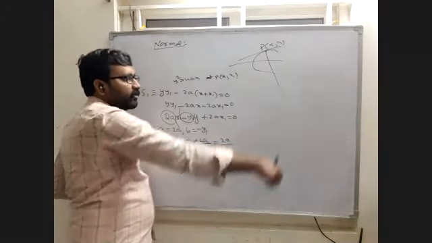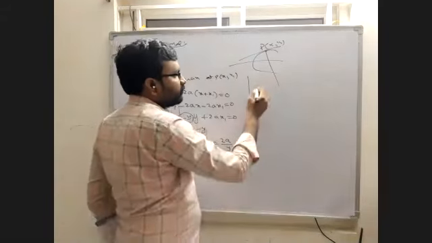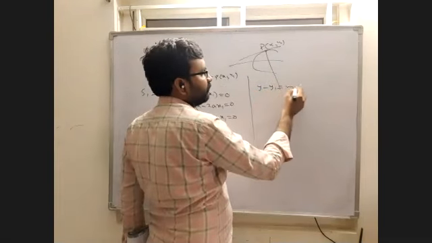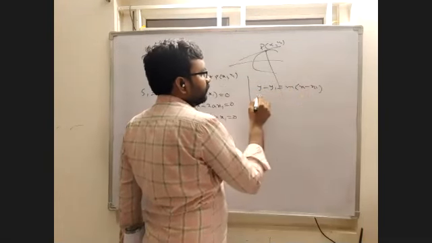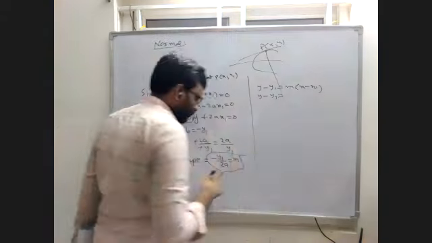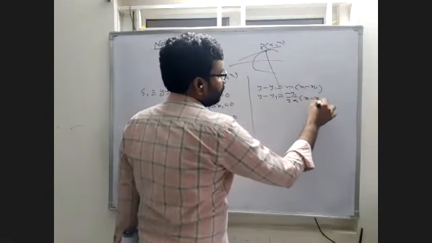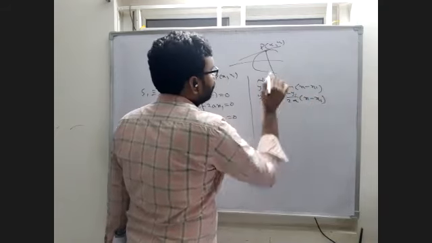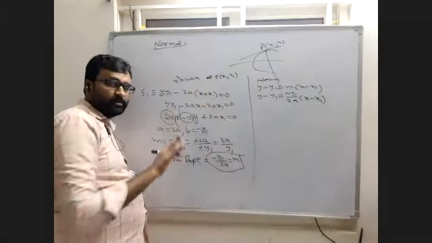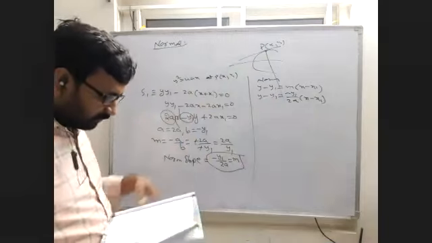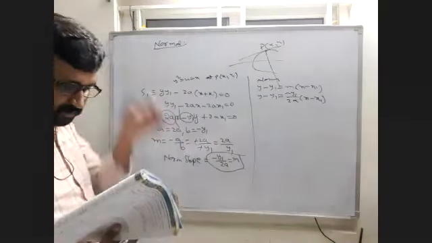Passing through the same point, we use the point slope formula: y minus y1 is equal to m into x minus x1, so y minus y1 is equal to minus y1 by 2a into x minus x1. This is for the normal.